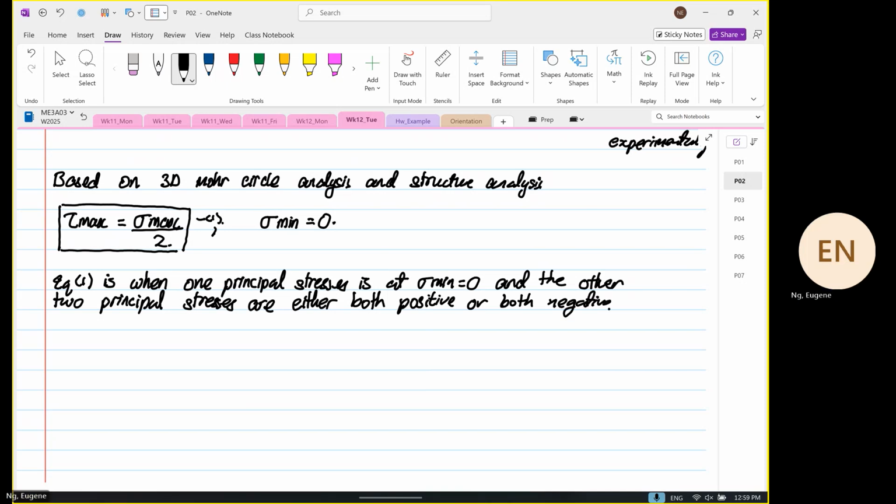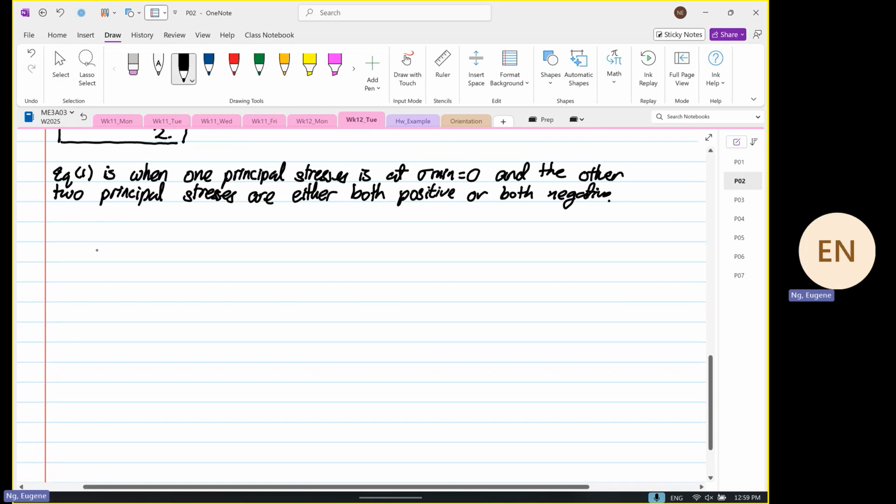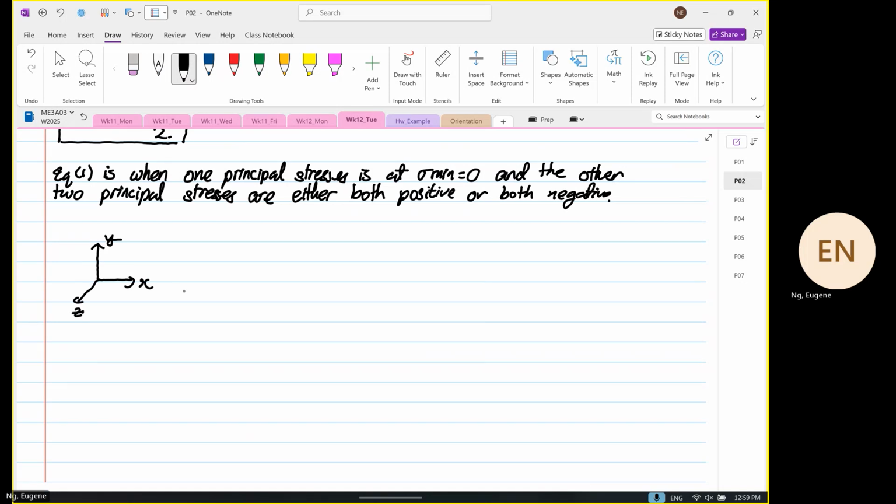Okay. So now I start by sketching an element. This is our element, and you know now what is our in plane and what is our out of plane. You will be very good in this now. So we are going to assume stress X is positive, stress Y is positive, and then we have positive shear.